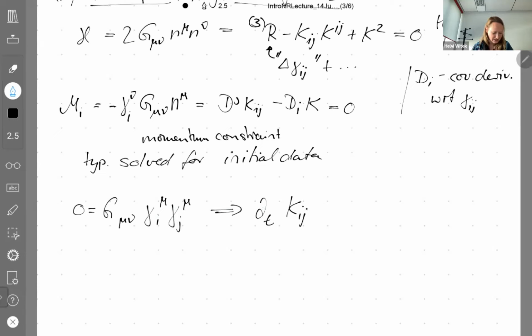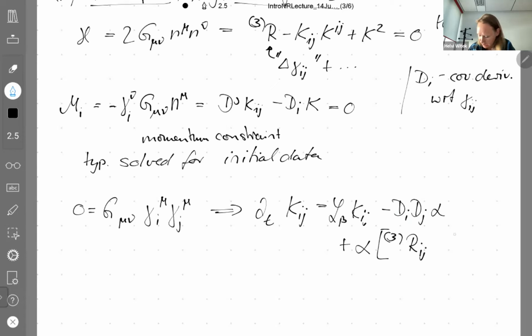I'm leaving out all the details here, but if I write this out, we will get the Lie derivative of the extrinsic curvature, and then the second spatial derivative of our lapse plus the lapse function times the three-dimensional spatial Ricci tensor, R_ij, plus terms that are related to the extrinsic curvature in this particular form.